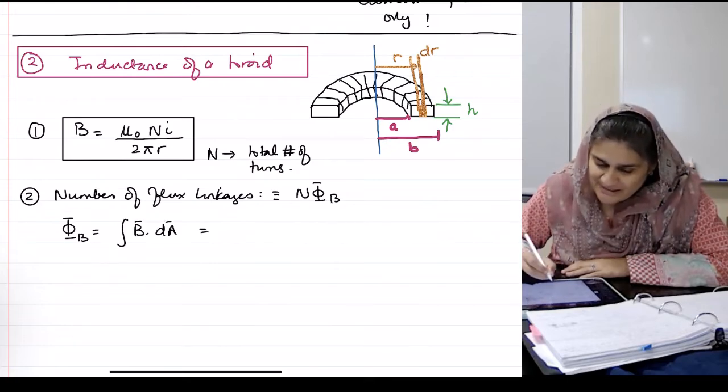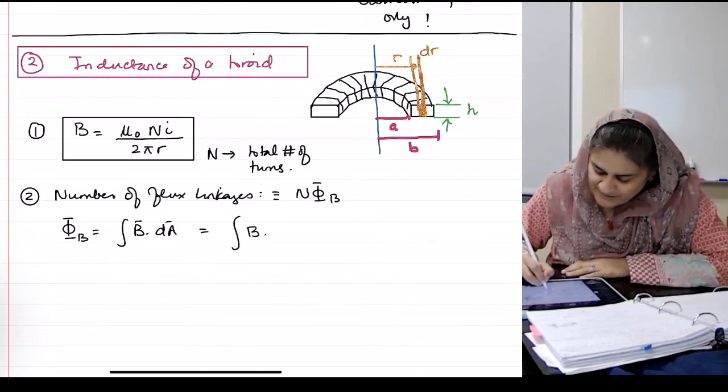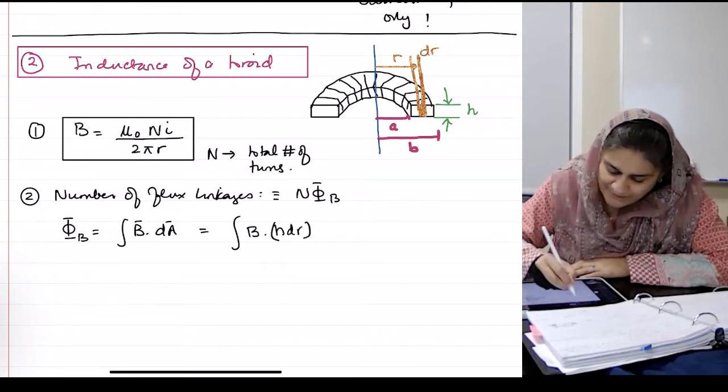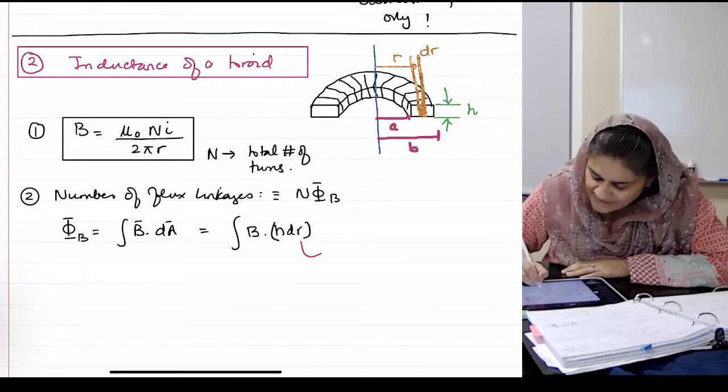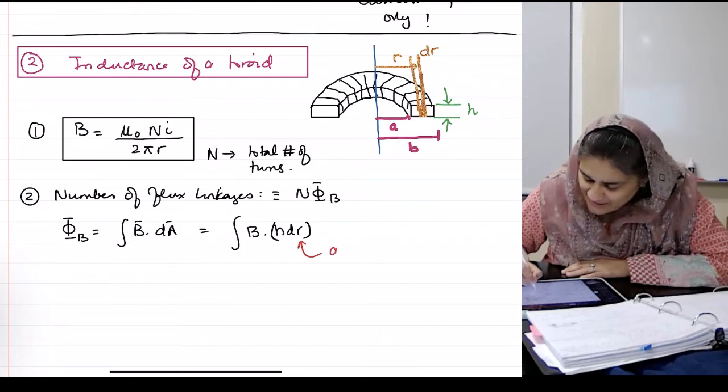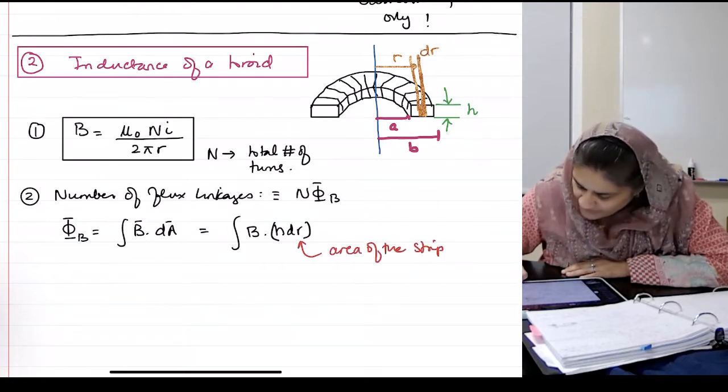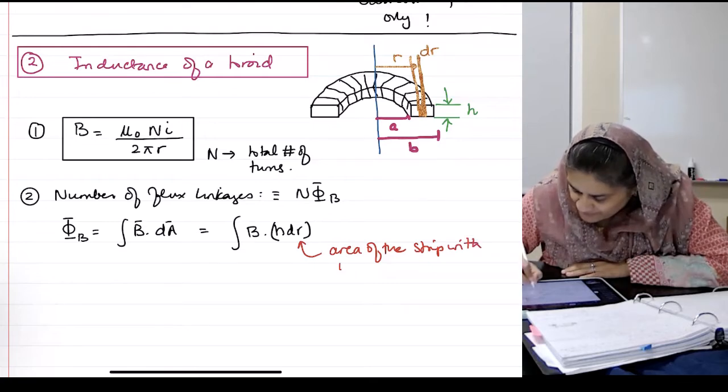So what is the dA in this area? This will be B H dr. Why? Because this is the area of the strip with width dr.